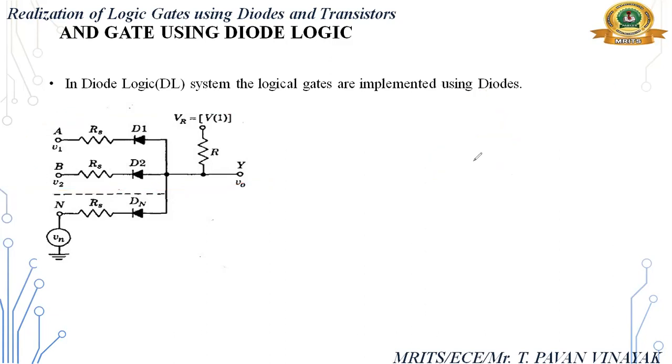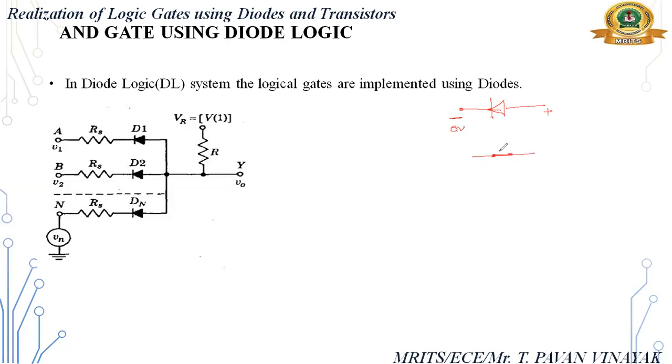Same diode working in the reverse direction. Now I am taking the reverse direction. This is the cathode, this is the anode. Whenever at the cathode we give 0 volts, it will be active, forward biased, so it is a closed path.